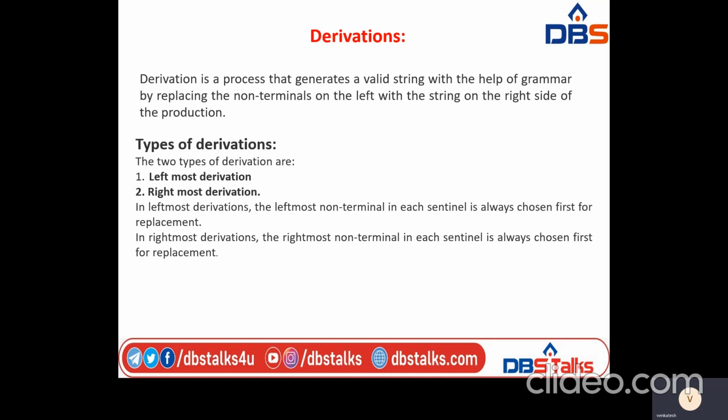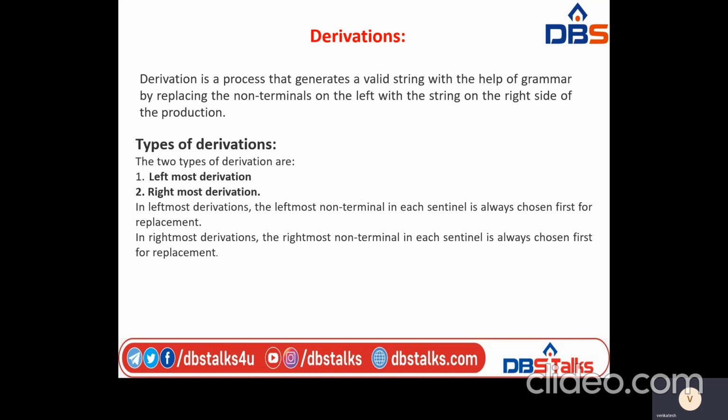See, we have a string. In order to derive the string, we apply some production rules, which we call a derivation. There are generally two types of derivations: leftmost derivation and rightmost derivation, LMD or RMD. What is meant by leftmost derivation?